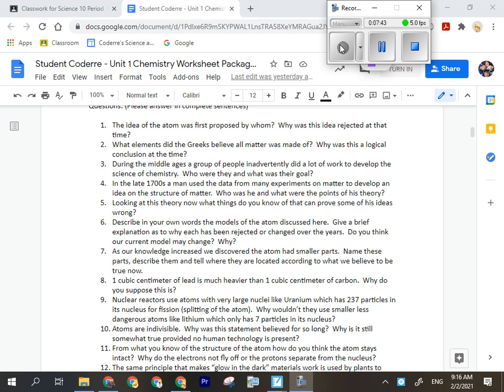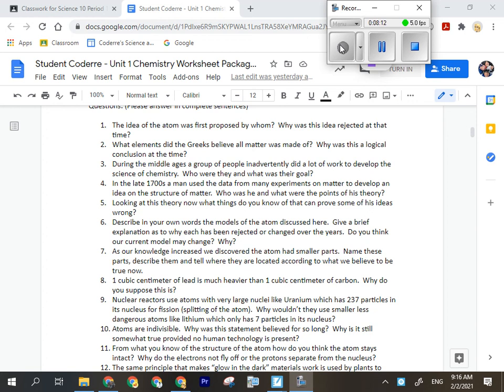Point 3, this is the most important part, atoms can combine in simple whole number ratios to form compounds. And the 4th point is what happens in a chemical reaction. Atoms can be separated, joined, or rearranged, but not changed into other atoms. In other words, I can't change lead into gold. That's what the 4th point is essentially saying.